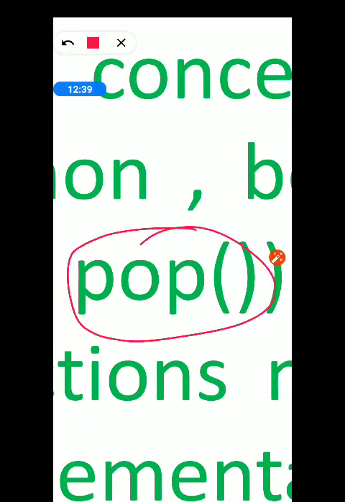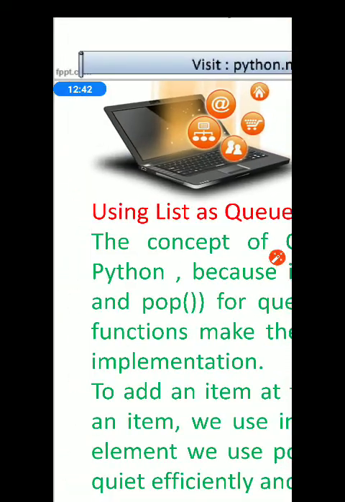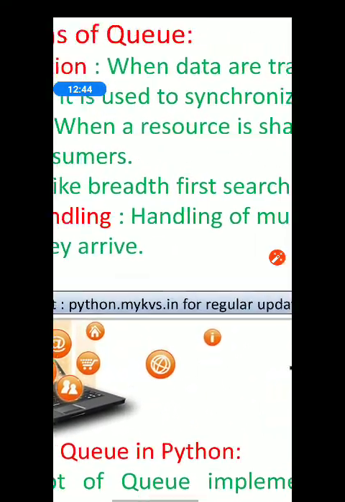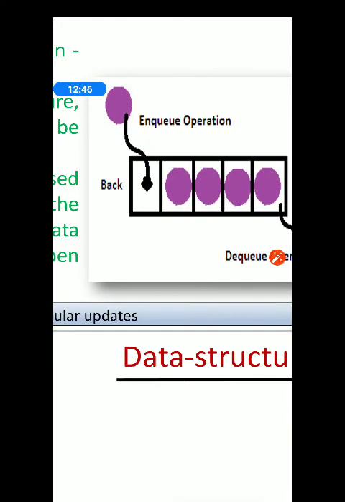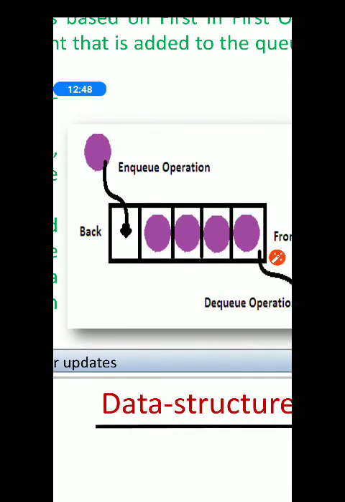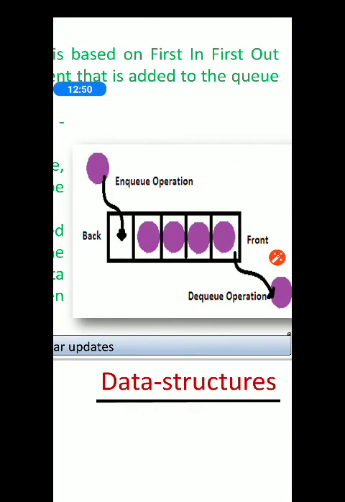Okay, so again I would like to remind you that you must be very much clear about this. Insertion will take place from the back or rear side of the queue, and from the front side the elements will be deleted. So every time you have to remember this.